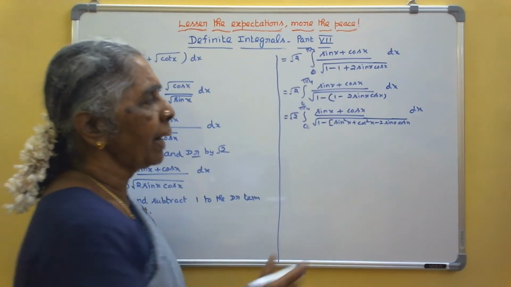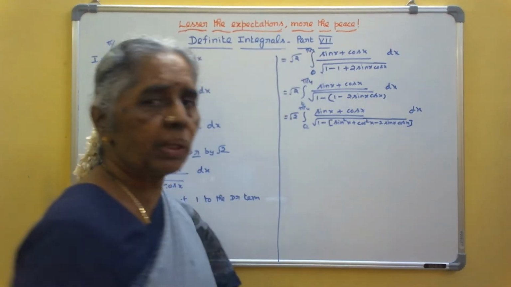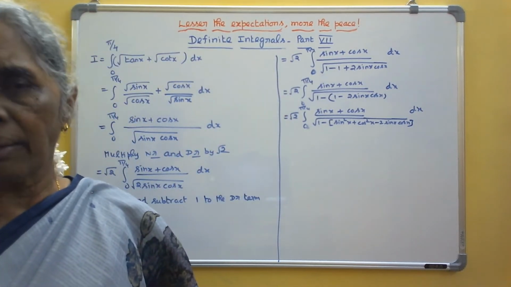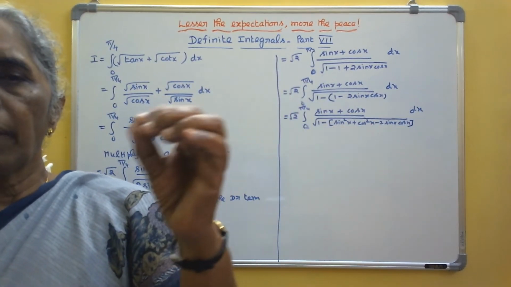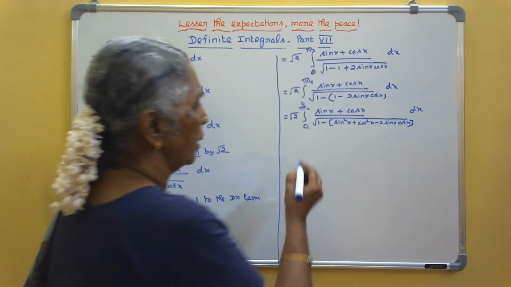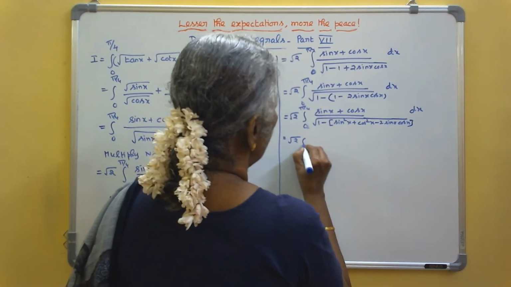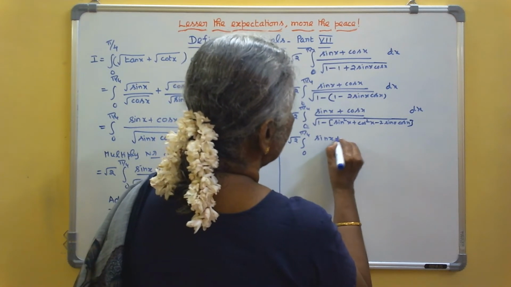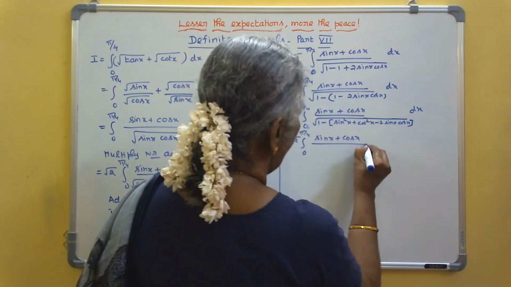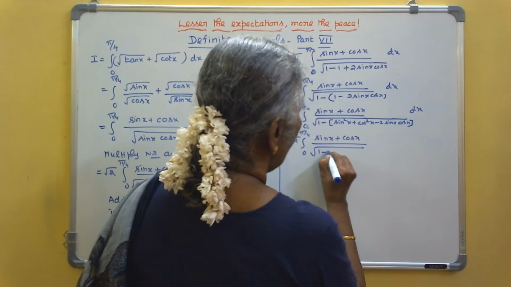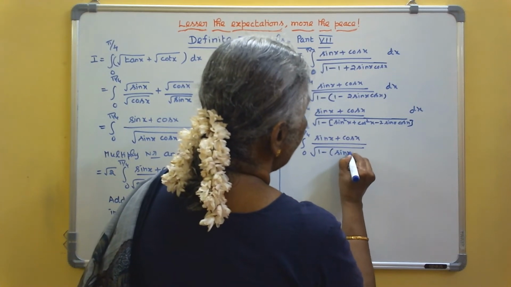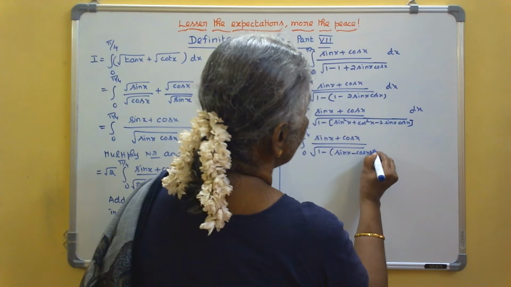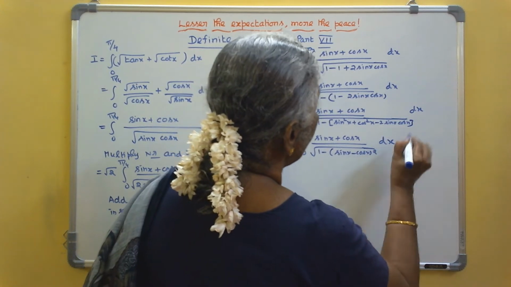What is this in the bracket? It is like a minus b the whole square, isn't it? So we can write it as sin x minus cos x the whole square. So now it is root 2 integral 0 to pi by 4 sin x plus cos x by root of 1 minus sin x minus cos x the whole square dx.